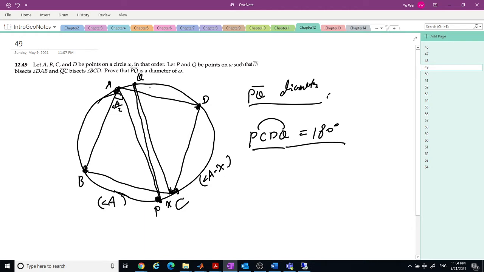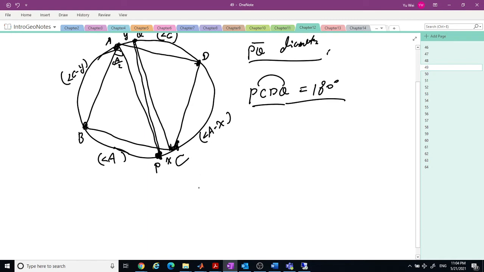Now we have the other side. We can do the same thing, right? We know the QD arc is equal to C, right? And for the arc AB, for example, let's call this Y, then the AB arc is C minus Y. Now what we want to prove is PCDQ, so let's add together.